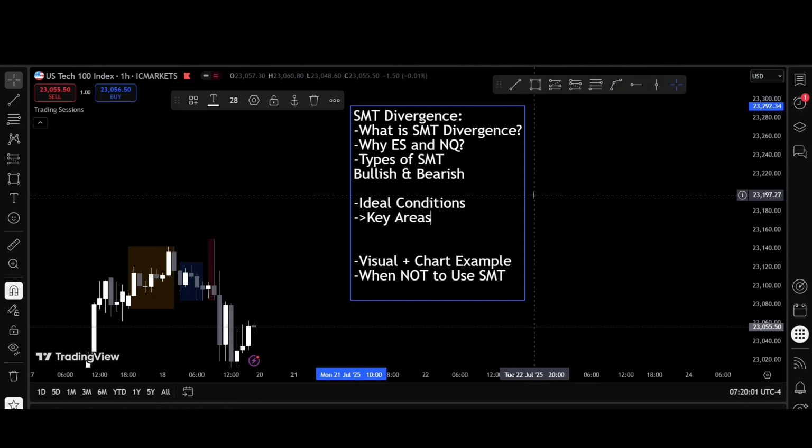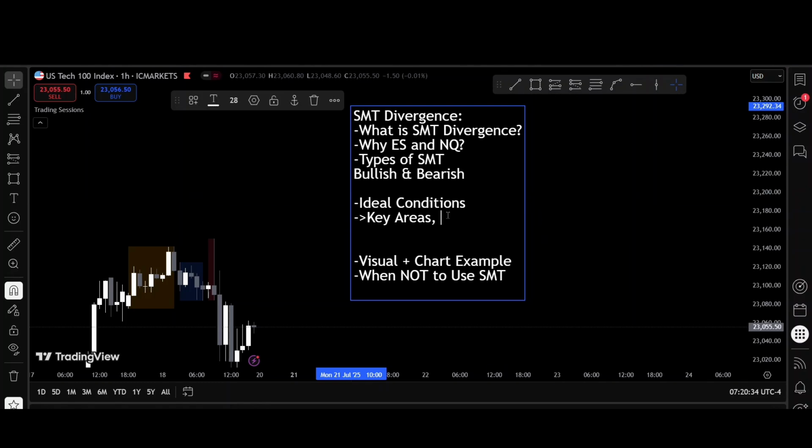We have yet to go through this, but key areas is just where your areas of liquidity are: your high time frame highs, your previous session highs, previous session lows, high time frame lows, all of that. Those are your key areas. You can also use high time frame breaker blocks, fair value gaps, equilibrium. Do what you like.